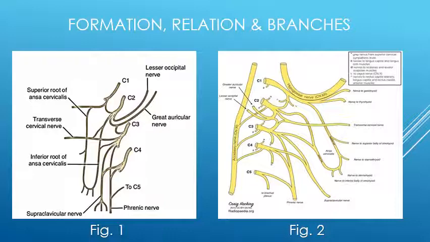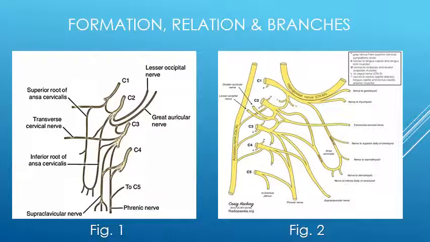It has two loops, superior loop and inferior loop. So you can say a branch from the first cervical spinal nerve joins the hypoglossal nerve. You can see in both diagrams, but more clearly in figure 2, a branch from C1 joins the hypoglossal nerve.